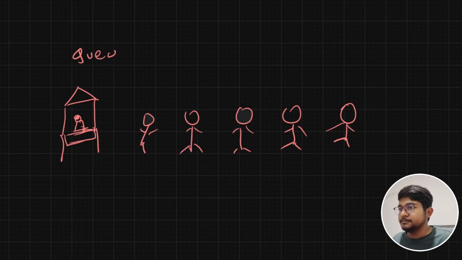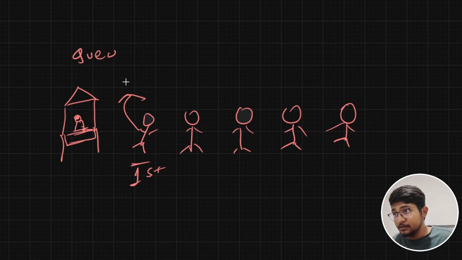So people are standing in a queue, and this is a queue, right? People are entering from this side, and they are going to the counter. So until this person gets removed, the second place won't move, and the second person won't be able to get served, right? So the person who entered first is the person who will go out of this line first.